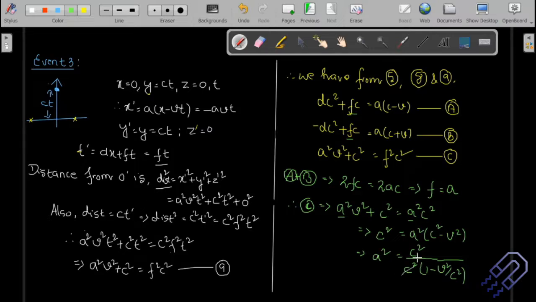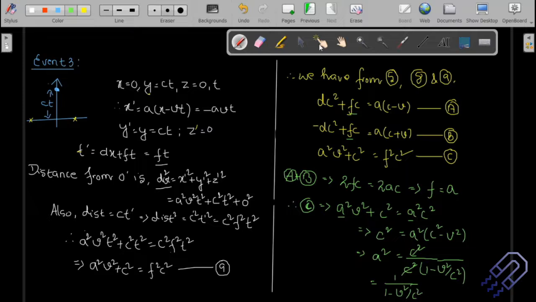I can take out c square so that I can cancel it out, and then finally I have the relation which is equal to 1 divided by 1 minus v square divided by c square. If any of you have even remotely thought about Lorentz transformation, this is a very important relation. And this can be represented in different ways.